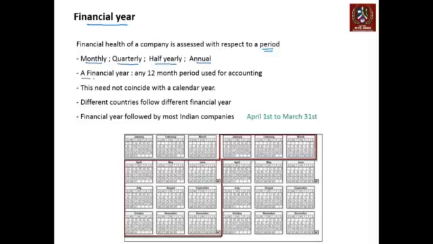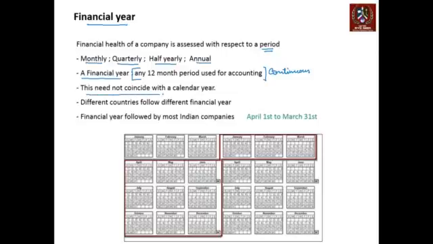A financial year is nothing but any 12-month period used for accounting. There is no hard and fast rule on what 12-month period has to be used. Any continuous 12-month period can be considered a financial year.